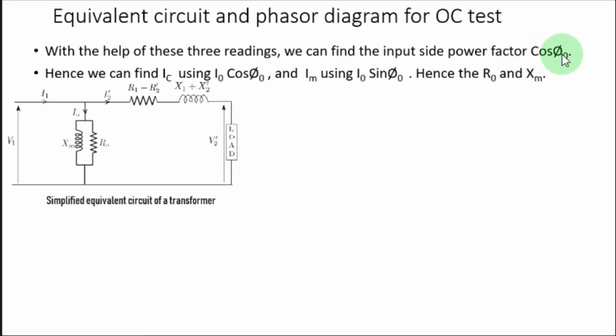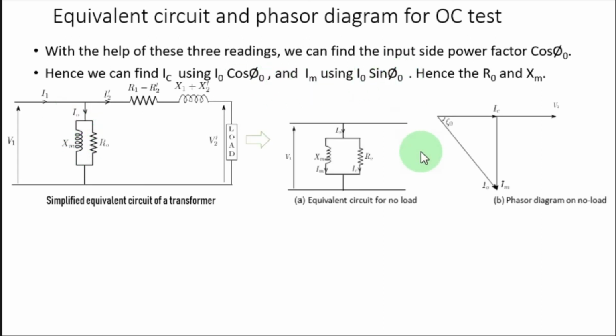Then this I naught is actually the current through XM plus the current through R naught. So vector addition of these two will give I naught. So basically IC is I naught cos phi naught, and the IM that is going through this one is I naught sin phi naught, right? That is taken from the phasor diagram, which is shown here.